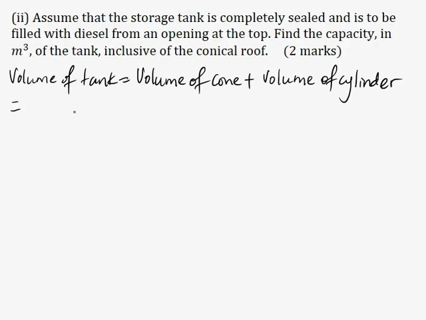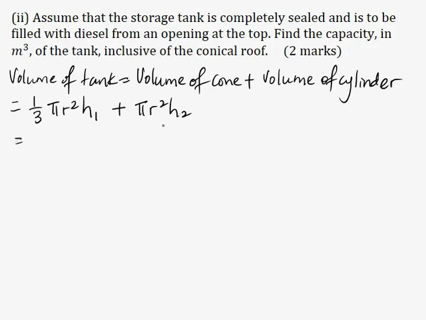Now, the volume of the cone is given by 1/3 the base area, which is pi r squared, multiplied by the perpendicular height, which is H1. And the volume of the cylinder is the base area pi r squared multiplied by its height here, which is H2.